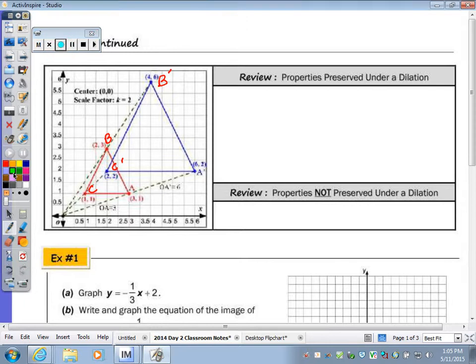Yes, if you look at the segment again from the center of dilation through the point to its image, B is the midpoint. Okay, so I just want to make note that B is the midpoint of B prime. And I'm going to use COD for the center of dilation, just to abbreviate.